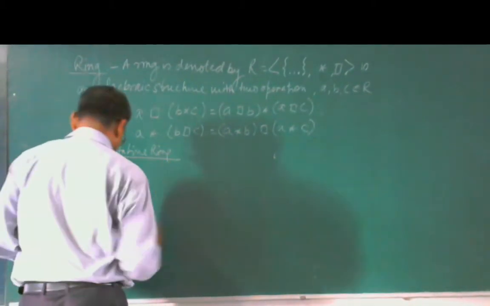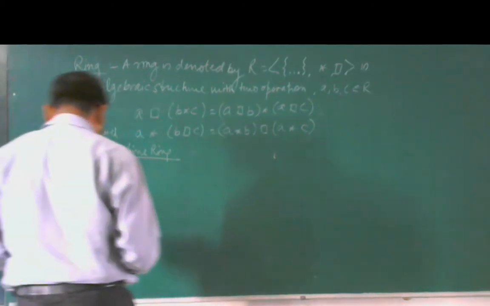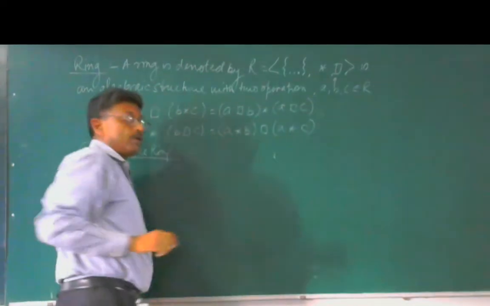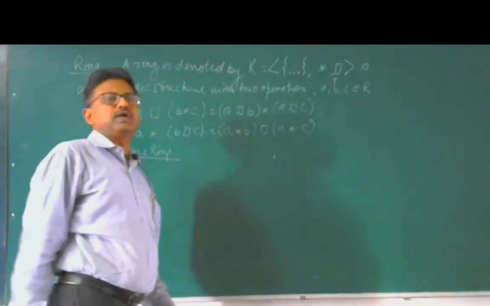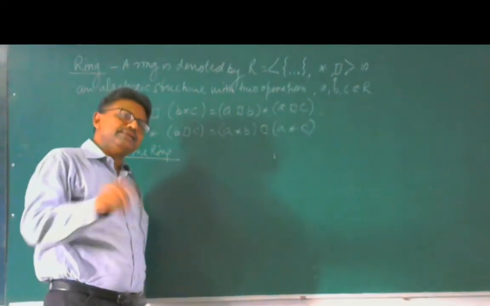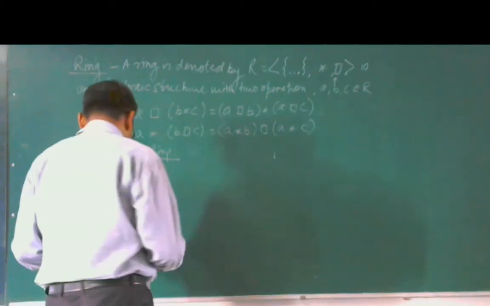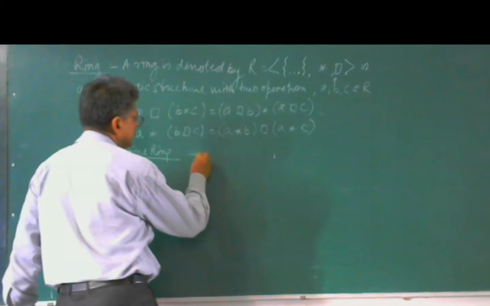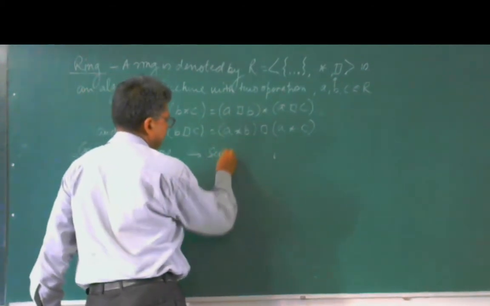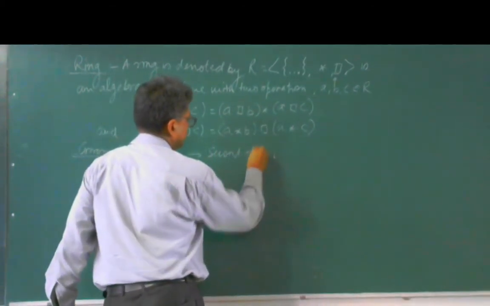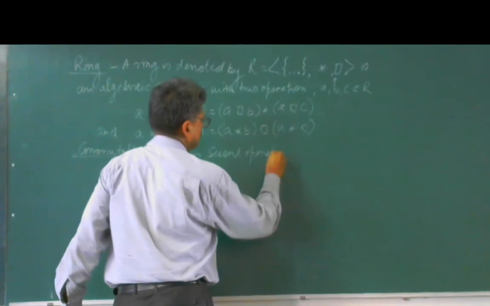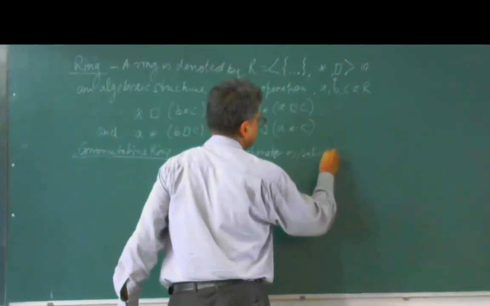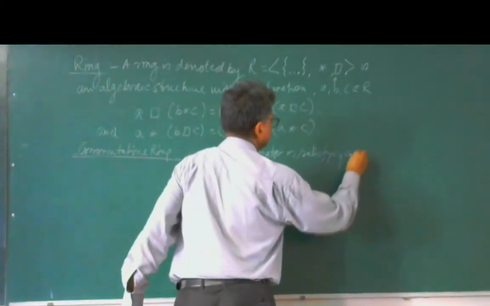Then the next one is the commutative ring. What is a commutative ring? If the second operator also satisfies the commutative property, then that ring will be called a commutative ring. A commutative ring is one in which the second operator is satisfying the commutative property.